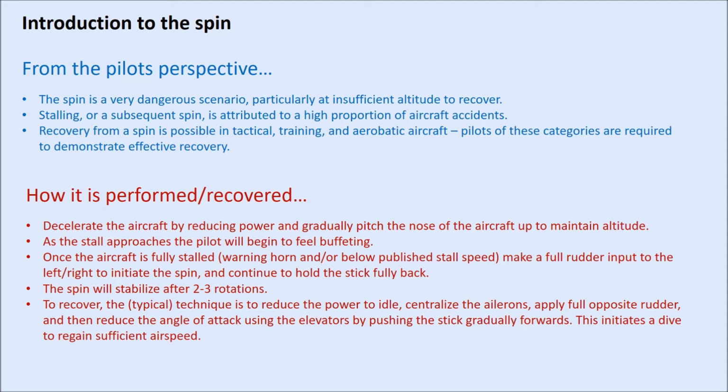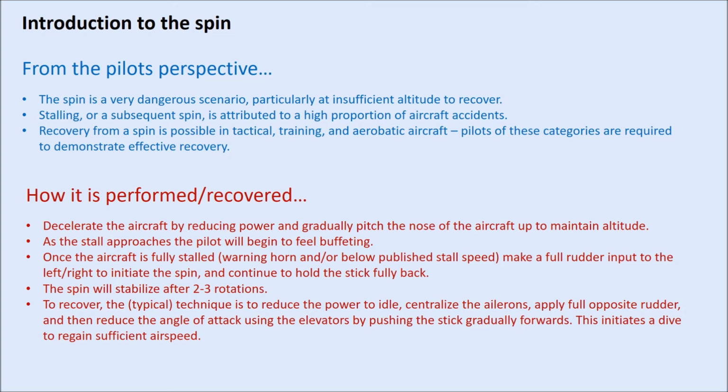At a certain point, obviously, the stall will start to be apparent to the pilot. The pilot will start to feel the natural buffeting through the stick, and once the aircraft is fully stalled, the aircraft is hopefully fitted with a stall warning horn, or the pilot can recognize the speed as being below the published stall speed, right?